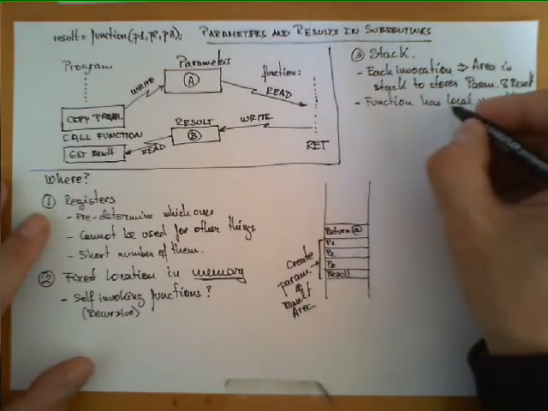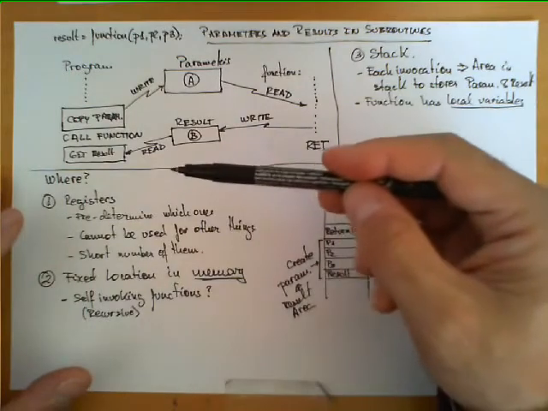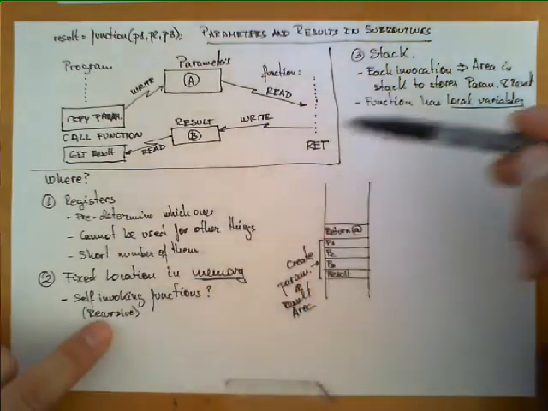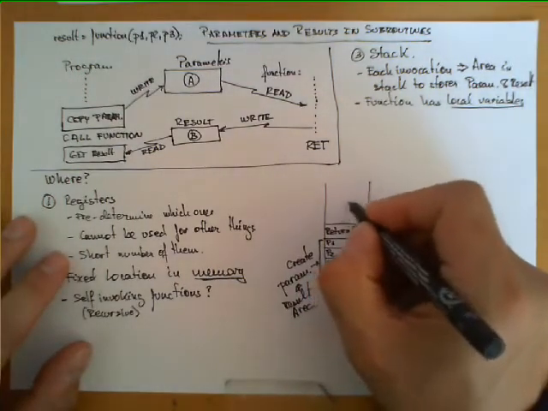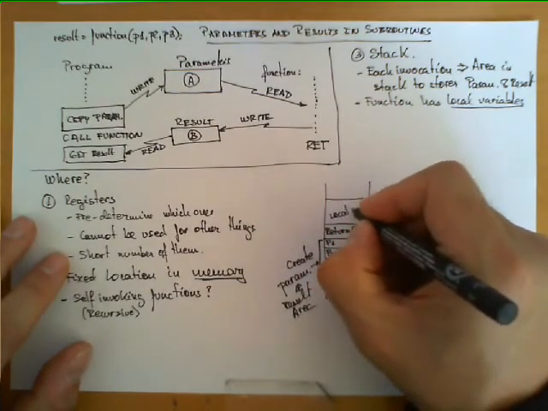So where do you put these local variables? We would repeat the argument saying we could use registers, but we only have so many of them. We could use a fixed location. It wouldn't work for recursive functions. Let's put them in the stack. So typically you allocate as many slots as you need here in the stack for local variables.